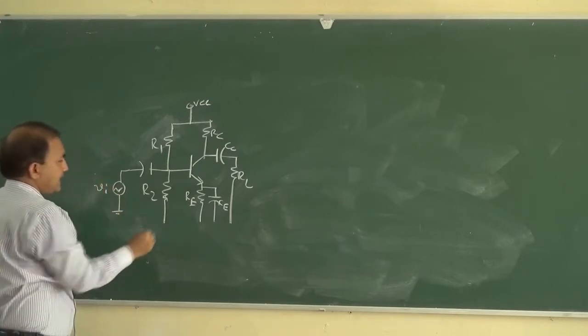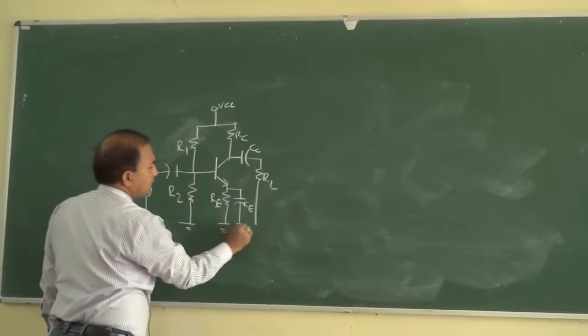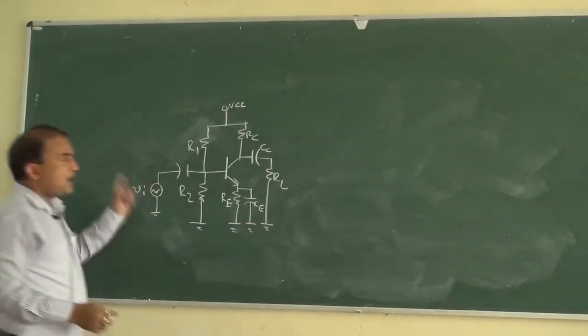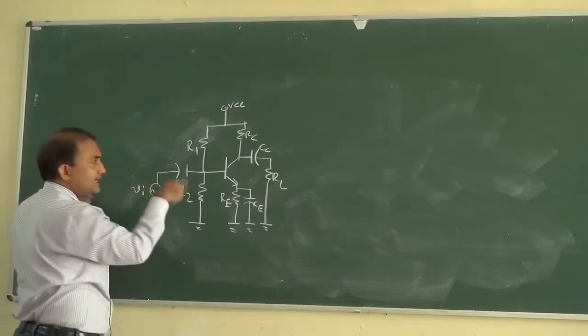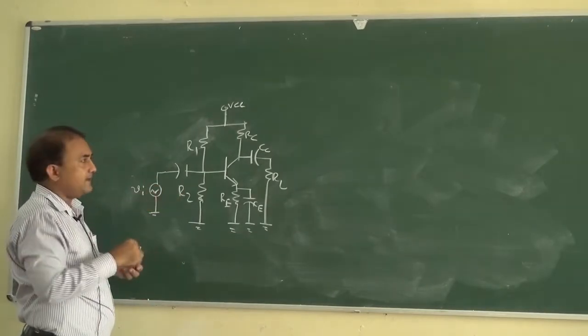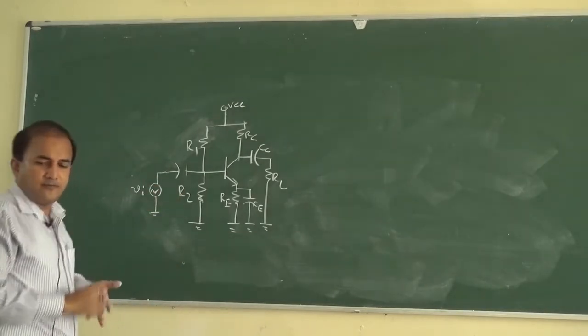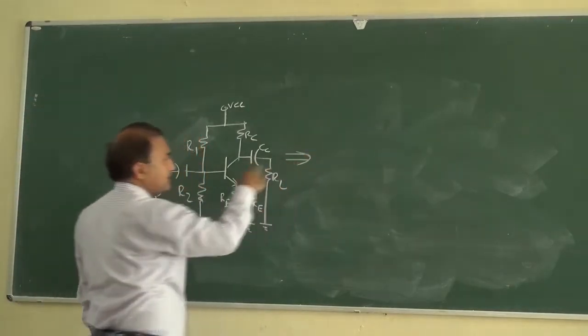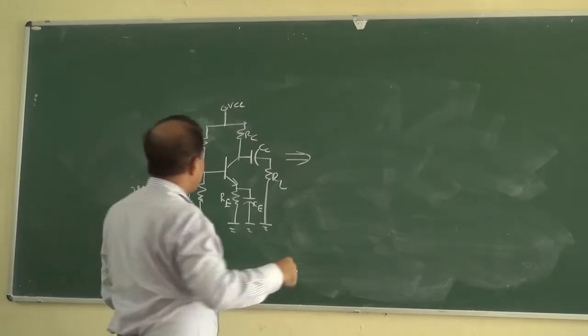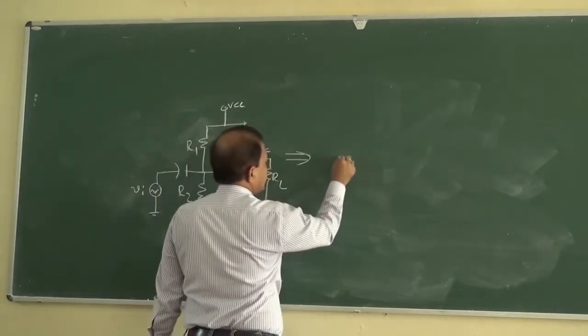Okay, and all these are connected to ground. So this is a single stage BJT transistor amplifier in common emitter configuration. How can we represent its AC equivalent? We can represent it like this.